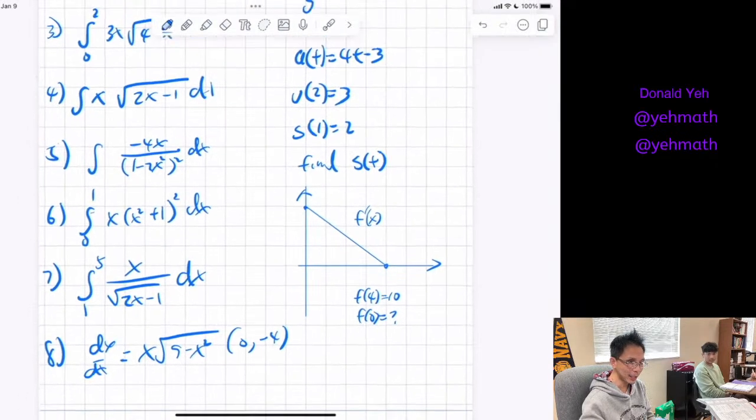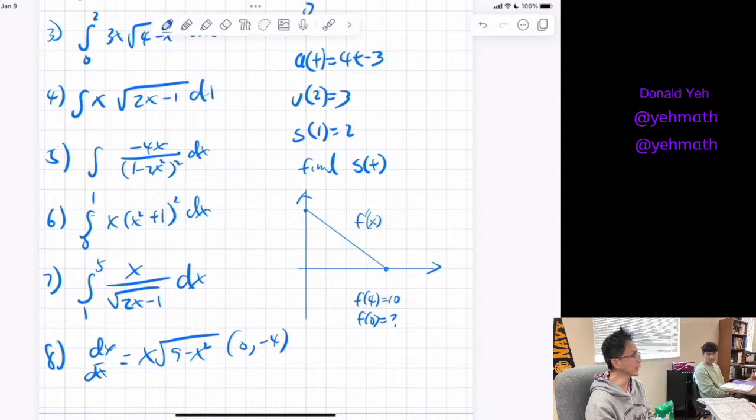This question is always on the AP exam, but the idea is very, very interesting. The graph is f prime of x.